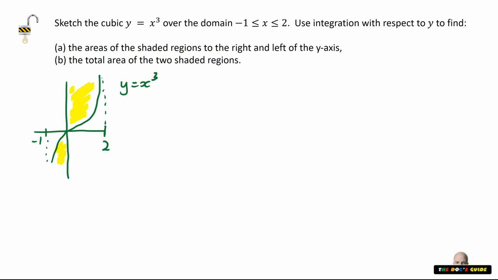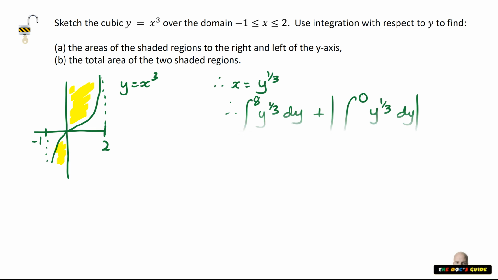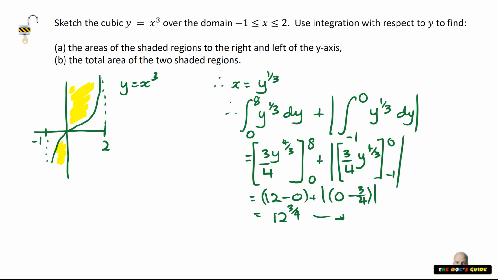If we skip to part B, find the total area of the two shaded regions, our expression will be the integral from 0 to 8, since when x equals 2, y equals 8, and the equation with x as the subject is the cube root of y, and we're integrating with respect to the y-axis. That first part will be positive.